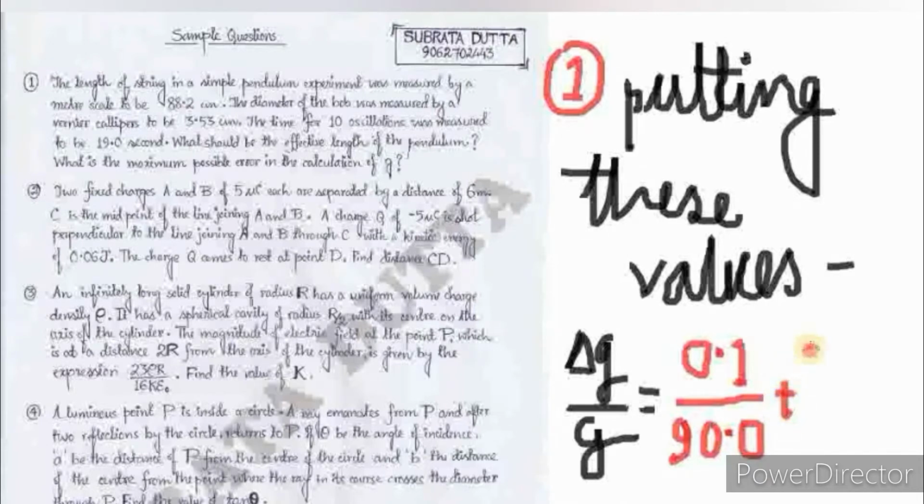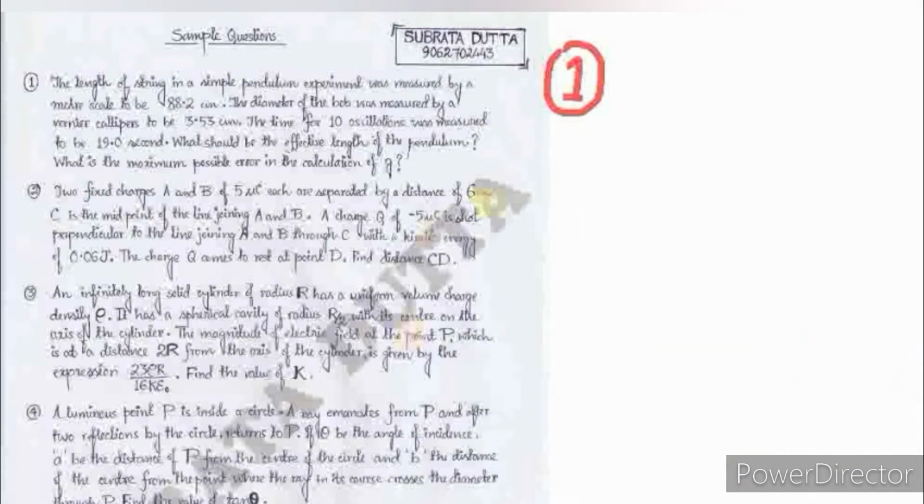This calculation gives us the relative error of g is about 0.